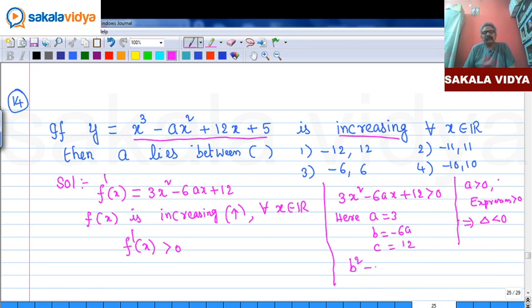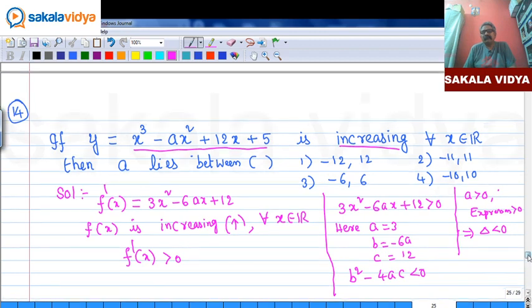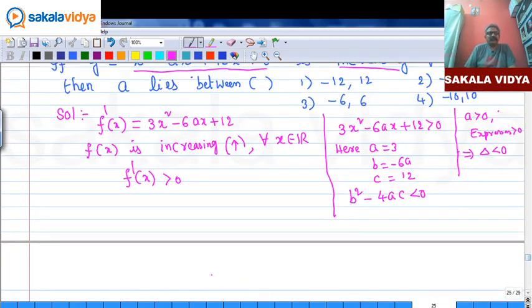So, b square minus 4ac must be less than 0. Let us do it now. 36a square minus 4 into 3 into 12, less than 0.